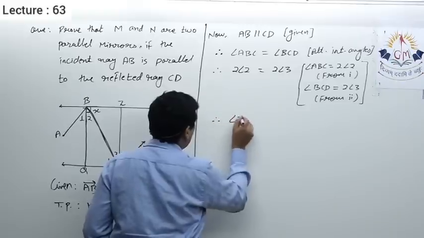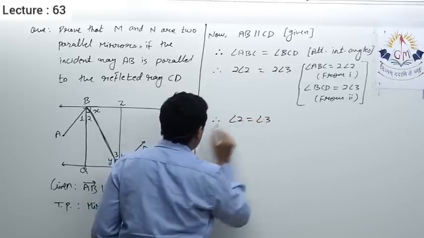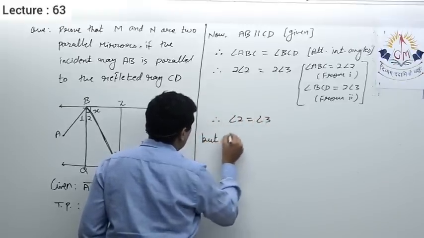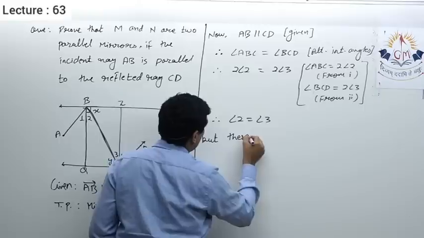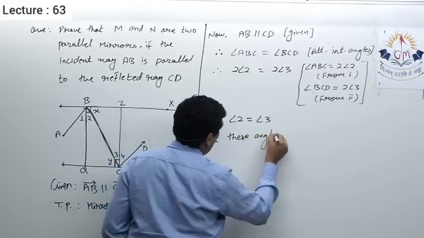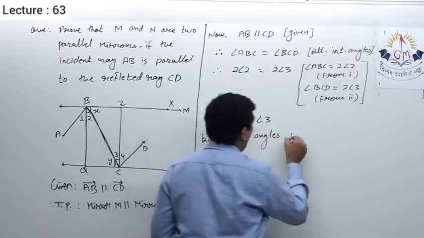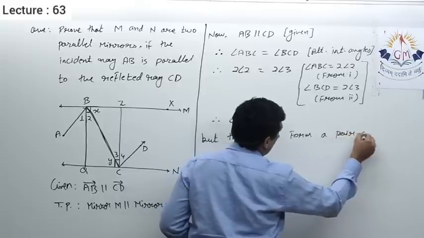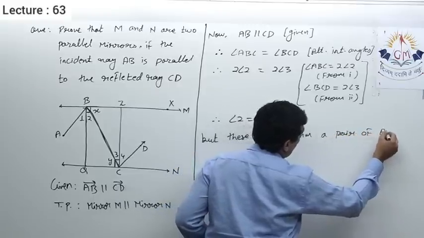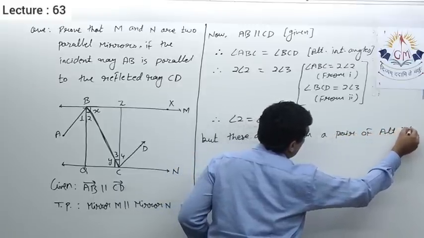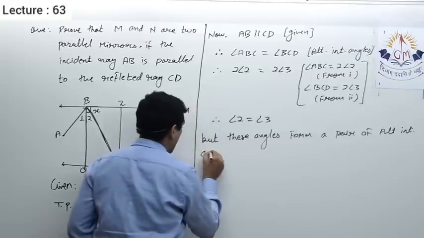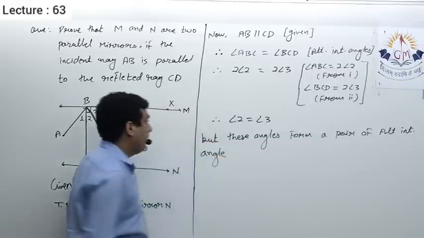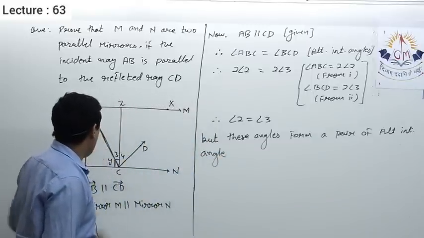Therefore I can say angle 2 is equal to angle 3, but these angles form a pair of alternate interior angles.